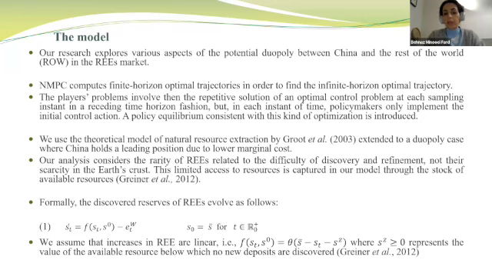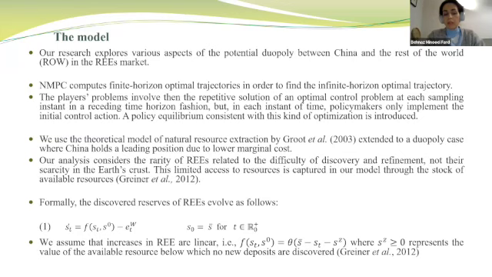For the economic model, we used a duopoly game framework that considered both extraction activities and known reserve stock, drawing inspiration from the work of, as you can see here, Groth et al. 2003, and we also integrated some elements from the work of Greiner et al. 2012 and modified the reserve dynamic.